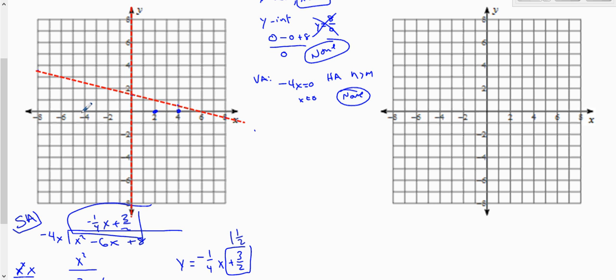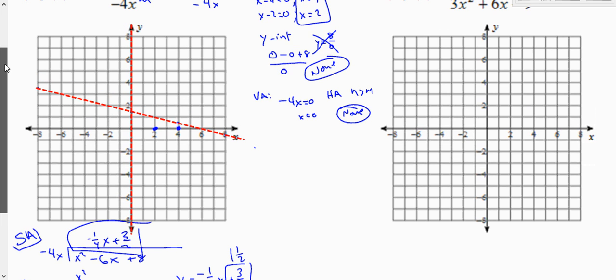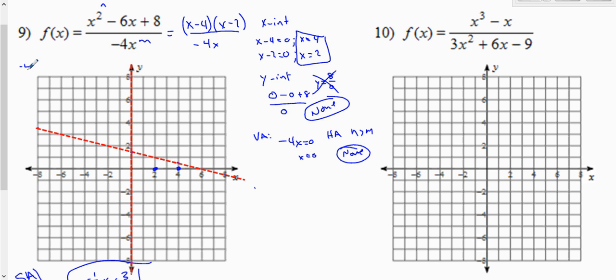Let's choose, I don't know, like -4. If I plug in -4, that's going to give me -4 squared minus 6 times -4 plus 8 over -4 times -4. So 16 minus 24 is -8 plus 8 is 0 over 16.